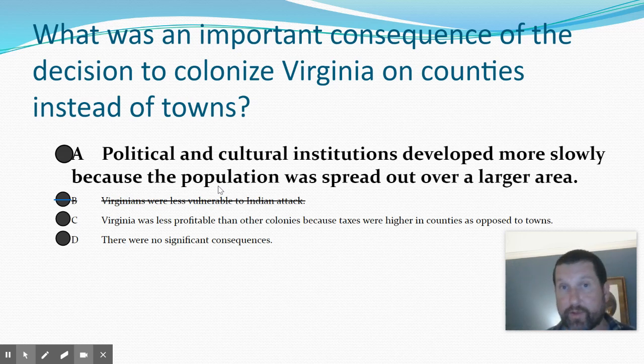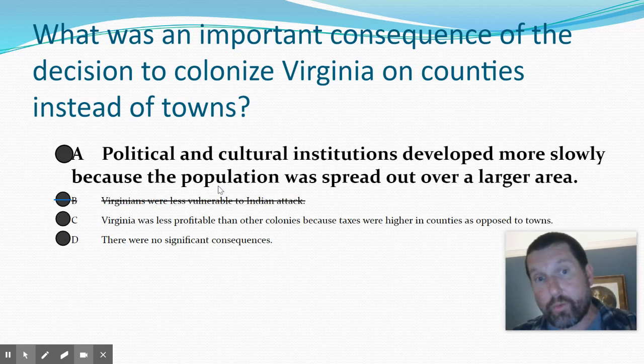The colonies end up organizing themselves on a county by county basis. There are none of these town halls. Yes, the Virginia House of Burgesses forms because a representative democracy would make more sense in an area where you don't have all these towns. You have a wider dispersement of the people.